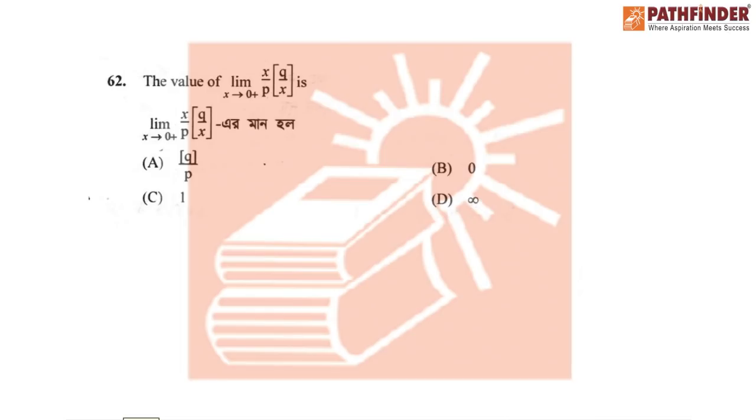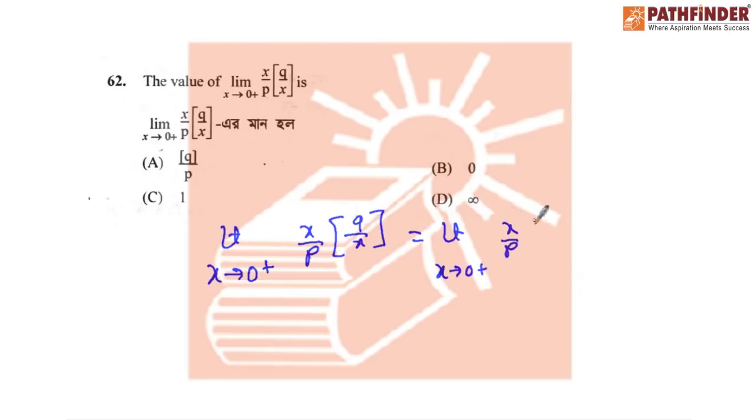Next is question number 62. The value of the limit as x tends to 0 plus of x by p times the box of q by x. This can be written as the limit as x tends to 0 plus of x by p times q by x minus the fractional part of q by x.